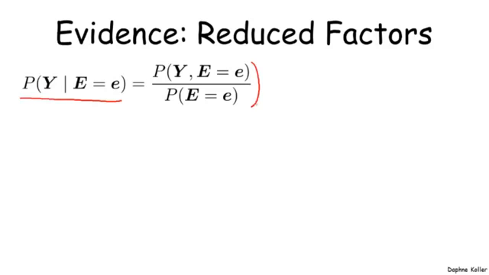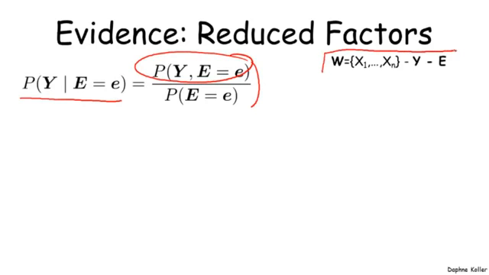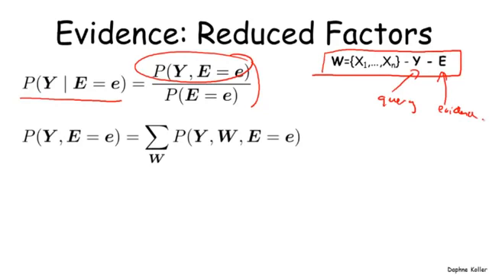And if we look at the numerator of this expression over here, and define W to be all of the variables that are neither query nor evidence, then we can once again consider this as a sum product expression.